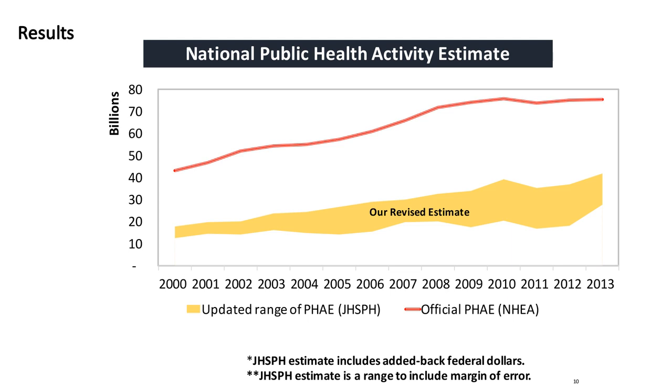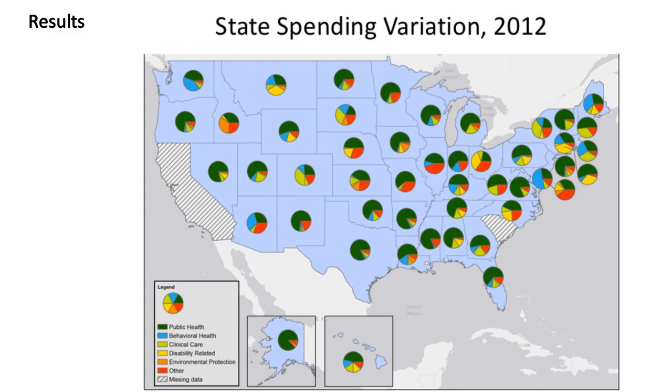Using our coding framework and looking at how we're spending our money, and taking out the behavioral health and clinical services, you can see that what we found is the yellow band there, that it would be somewhere in the yellow band range. So that's about half of what the national estimate is indicating that we're spending on public health. Again, we feel like this has very important implications for understanding better the budgets that we have and how that money is being spent.